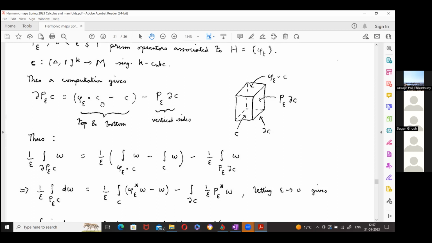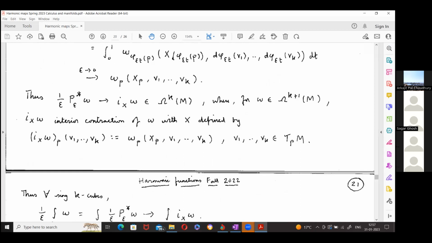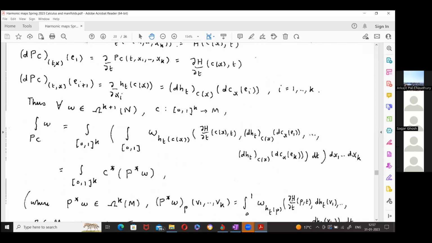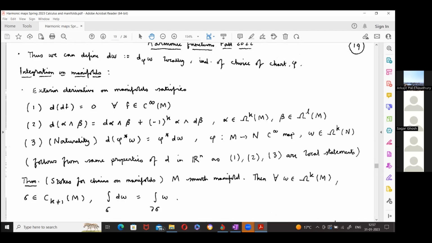Sir, can you please suggest any good reference for practicing exercise problems? For exercises? Yeah, for problems. Well, I've given you quite a few exercises already today. You can just try and do those, right? So one exercise is to compute this formula, this boundary computation, boundary of the prism operator. And I don't know, I gave some other exercises. I forgot now. Just keep a note of the exercises I give.